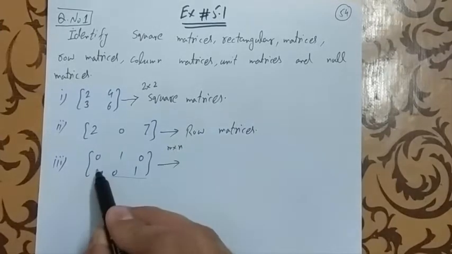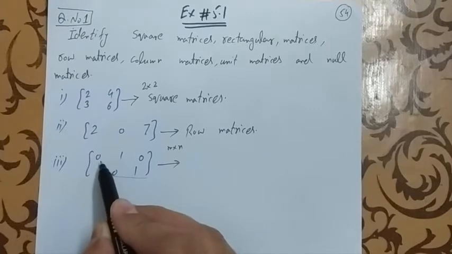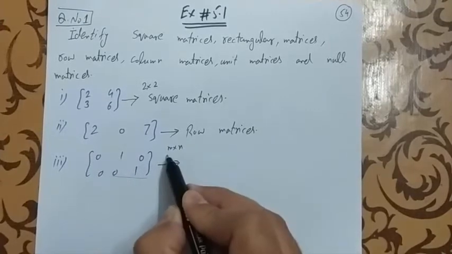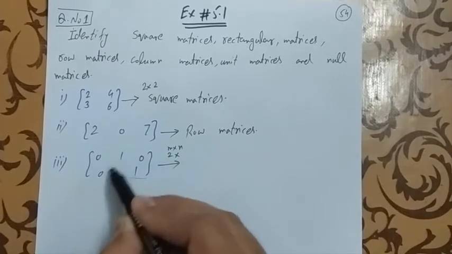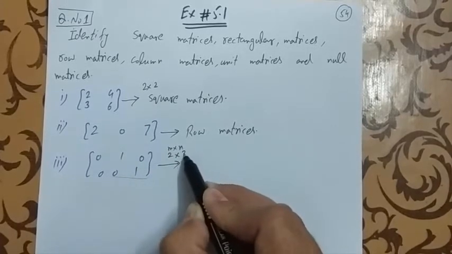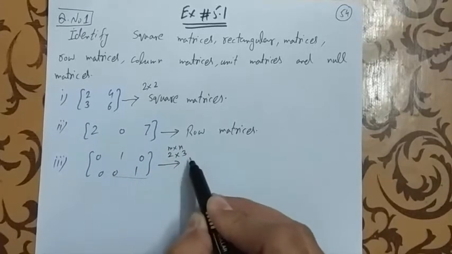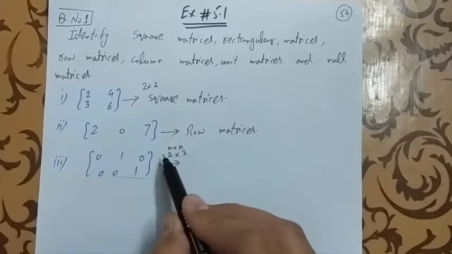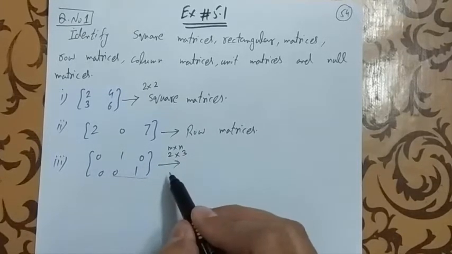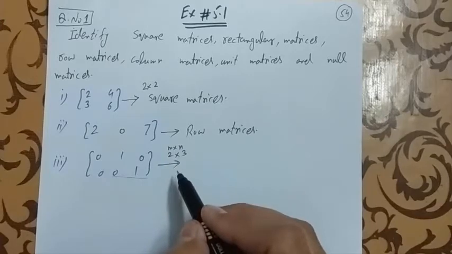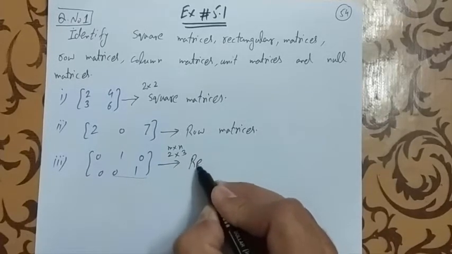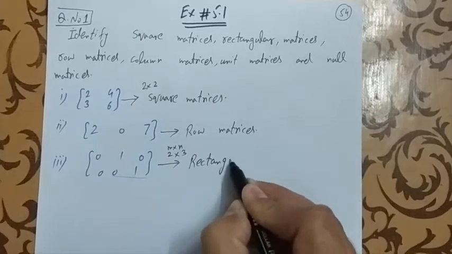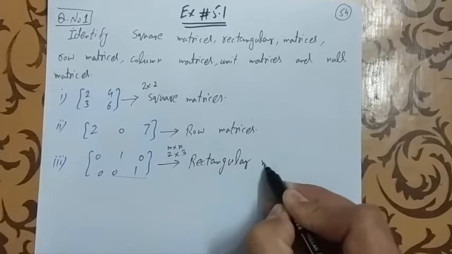Here m is 2 and there are 3 columns, so its order is 2 by 3. And if the number of rows and number of columns are different, then we say it is a rectangular matrix.